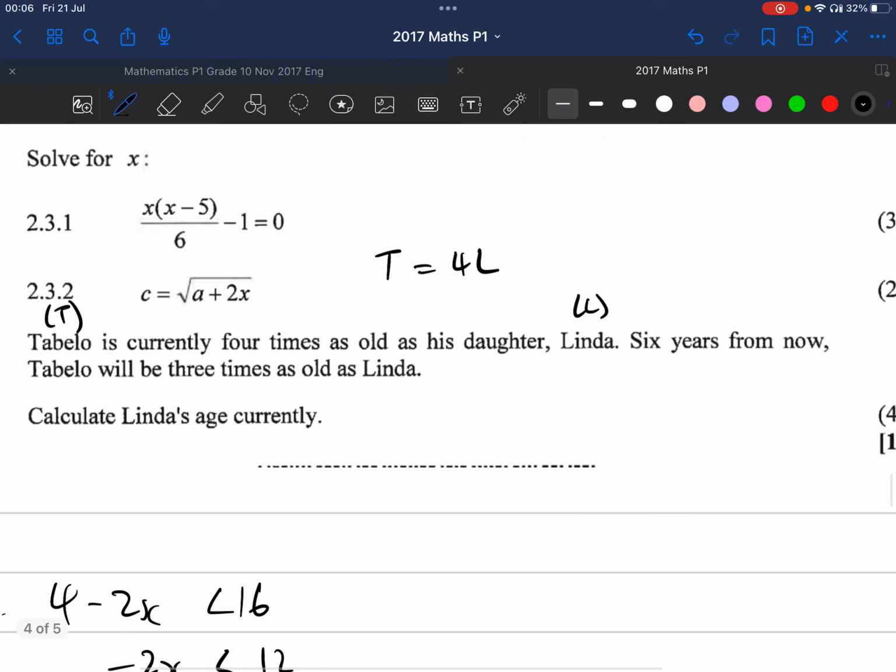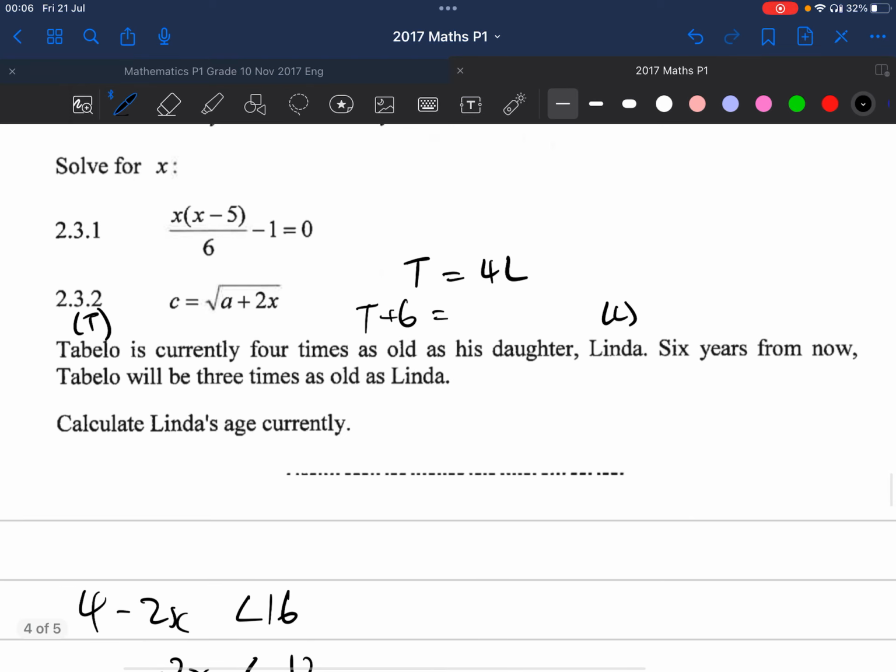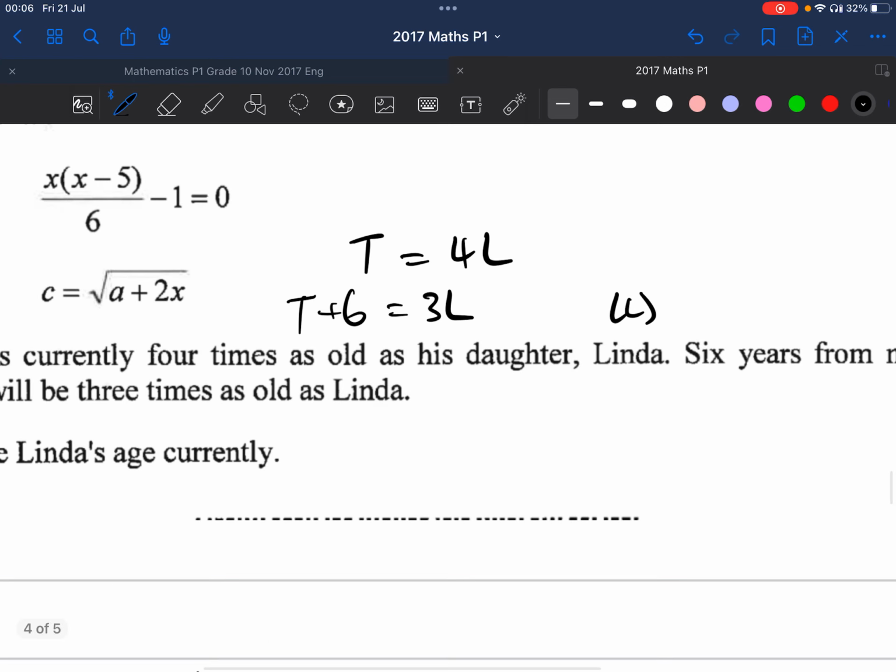And then the next one says 6 years from now. So you're taking T's age and adding 6, because in 6 years from now he'll be 3 times as old as Linda. So T plus 6 equals 3 times L. And again, this is L plus 6 because she's also gotten 6 years older.